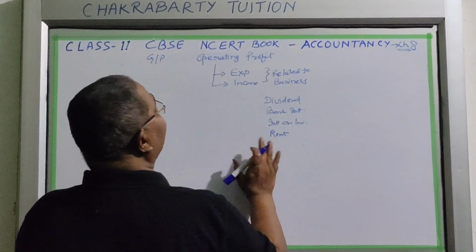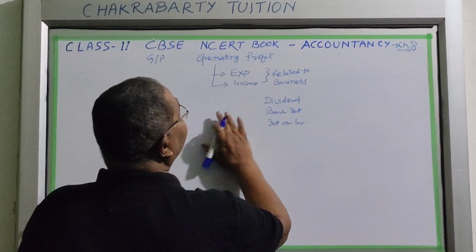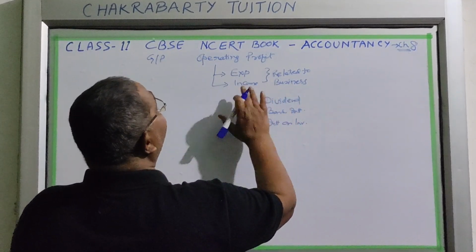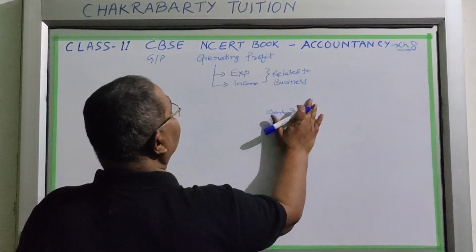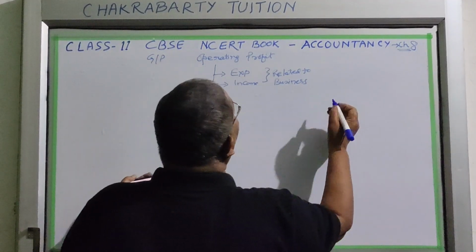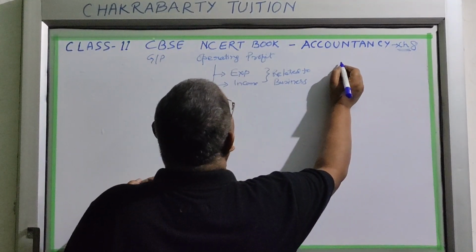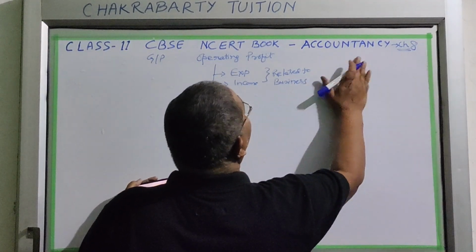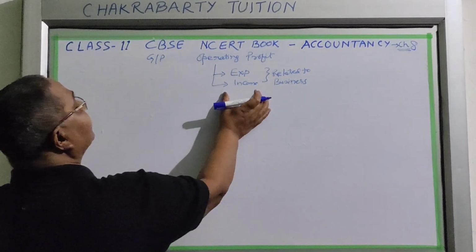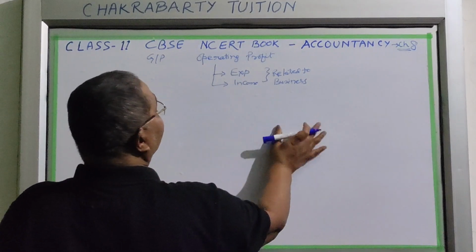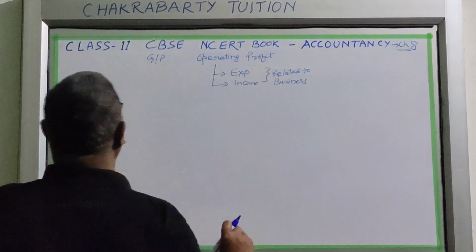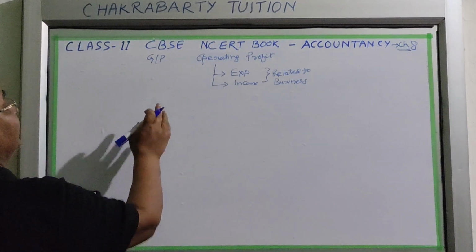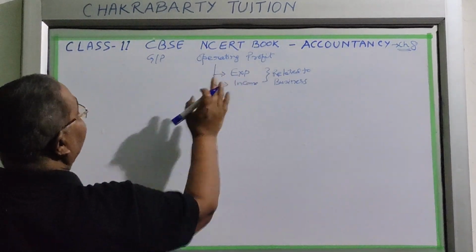These are not related to the business, only items related to business will come. And non-operating profit, these extra incomes are also included. That I will discuss in the next question. So here we will find GP and operating profit.